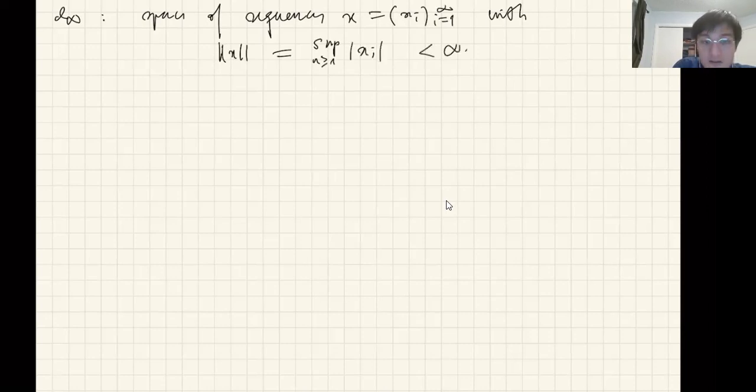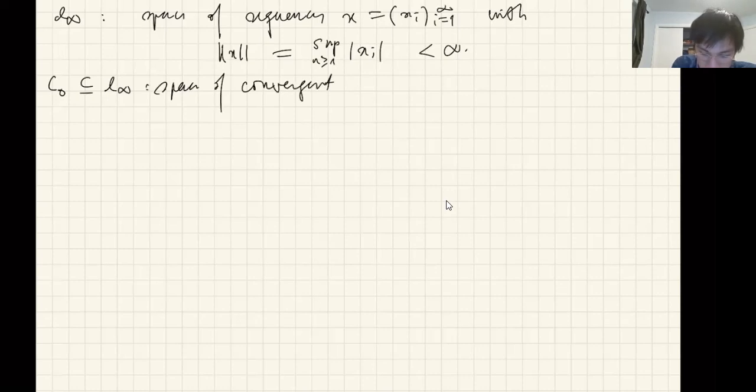We want this finite, of course. So these are sequences, and you take the maximum of all the coordinates, and that's the norm. Okay, so this also defines a normed vector space. It's complete. And another, if we take c0 a subset of l infinity, c0 is the space of convergent sequences.